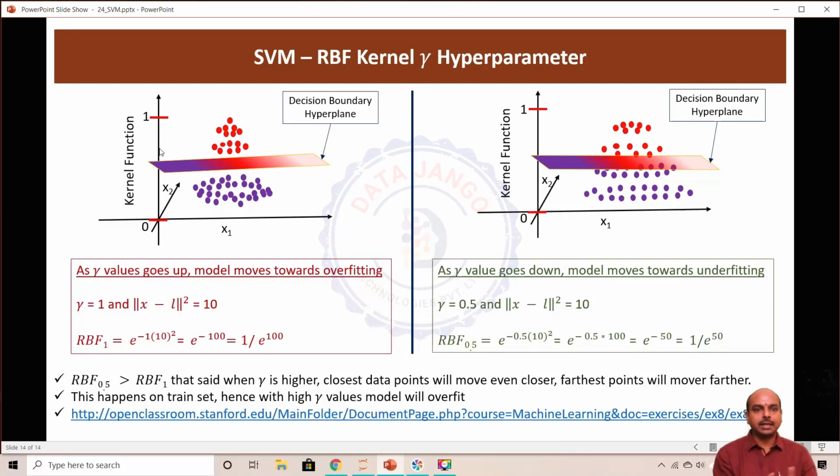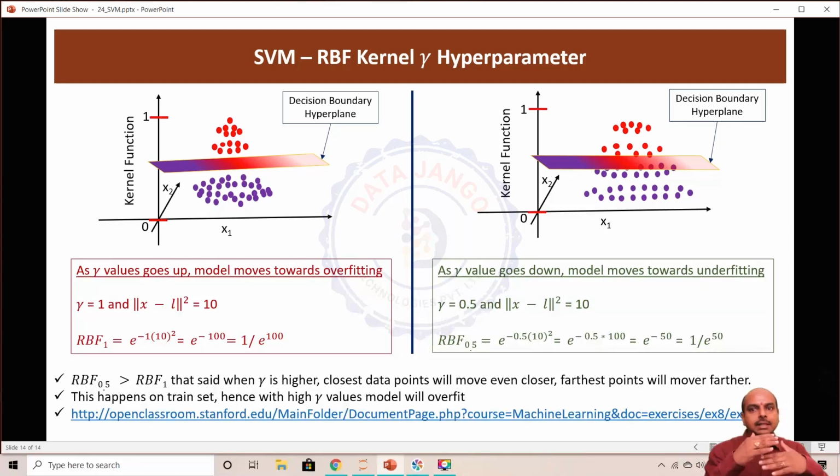If you try to plot a graph between the input features and the kernel function, you will understand what is happening. If two data points are close, they will get the third dimension as 1. If two data points are far, the cell value will be close to 0.